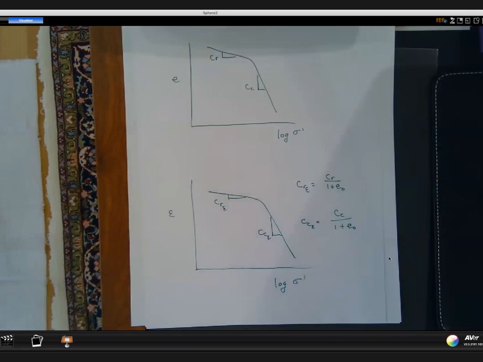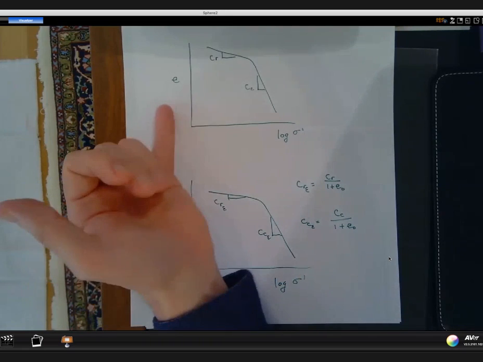And the whole 1 plus e naught disappears from those equations, so it has an easier looking appearance, I'll say, in terms of those large equations that have two terms and the log of the fractions and so on. It really means the same thing, but sometimes there is a desire to be working on a strain basis for these compression properties instead of on a void ratio basis.